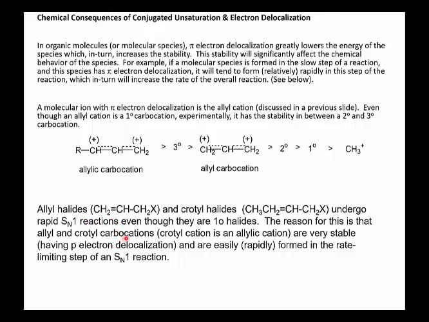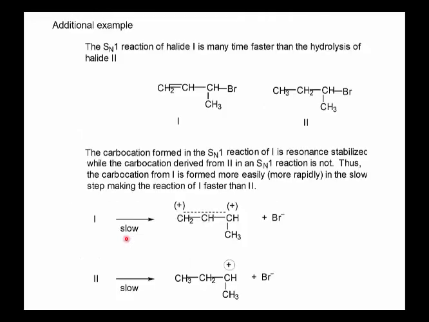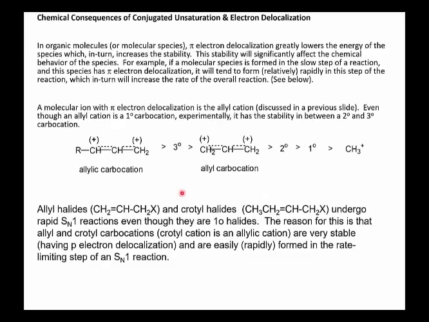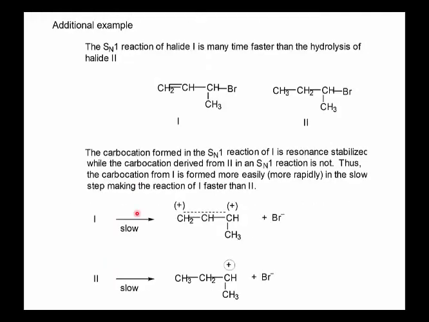Well, let's go to the next slide to explain that. I'm going to give an example of a modification of an allyl halide here. This is a substituted allyl halide.